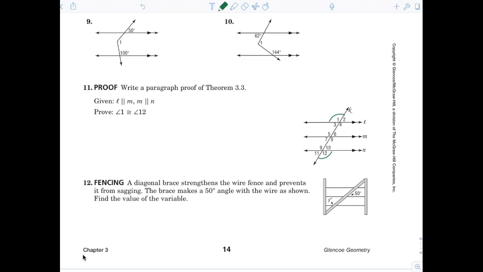All right? So what we would say is this. And you tell me if this makes sense. Line L is parallel to M, and M is parallel to N. Therefore, line L has to be parallel to N. You can either do it as a substitution, or you can do it as a transitive property.